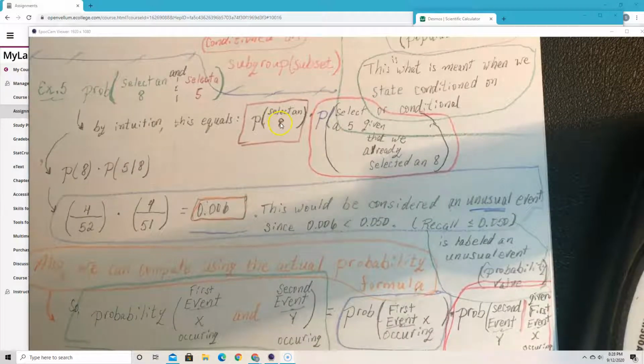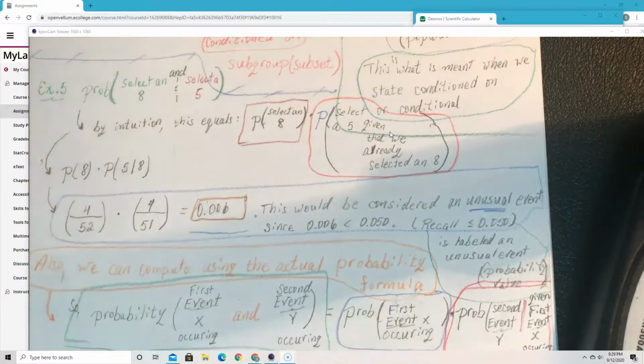They're saying, what's the chance that it will happen? And if it happens, then you have to get an 8 on the first try. What's the chance of getting an 8 on the first try? It's 4 chances out of 52. And then we're asking, what's the probability then you get a 5 on the second selected card? They're not asking us if it happened or not. It's just, what's the probability that it happens? Well, the chance is to get a 5, given that we already selected an 8, which means the 4 5s are still in the deck. And so there's 4 chances then out of 51.